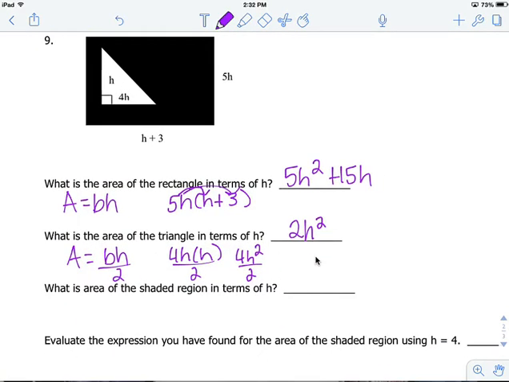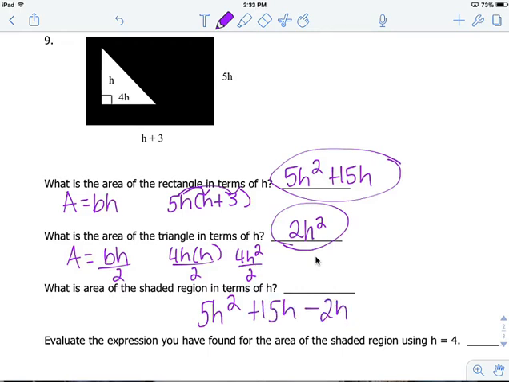Now, if we're trying to find the area of the shaded region, we're going to subtract the area of the rectangle minus 2h squared, which is the area of the triangle. We're finding the difference between them. So 5h squared plus 15h minus 2h squared. My only like terms I have here are 5h squared and negative 2h squared, and we get 3h squared plus 15h.